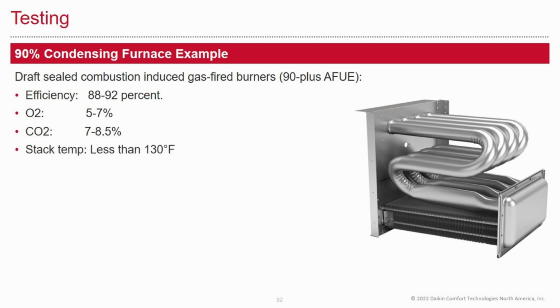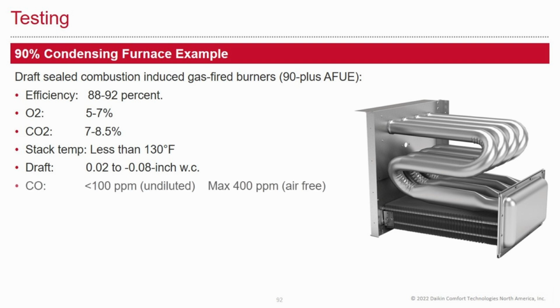Stack temperature less than 130 degrees Fahrenheit. Draft 0.02 to 0.08 inches of water column. Carbon monoxide less than 100 parts per million undiluted, maximum of 400 parts per million air-free.